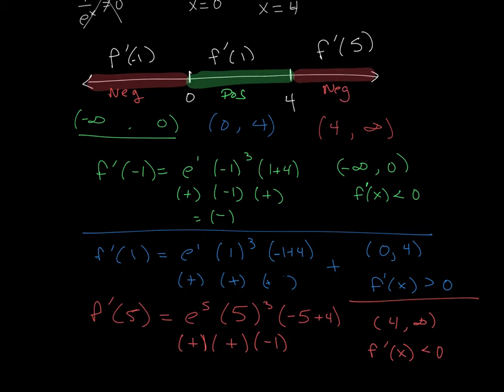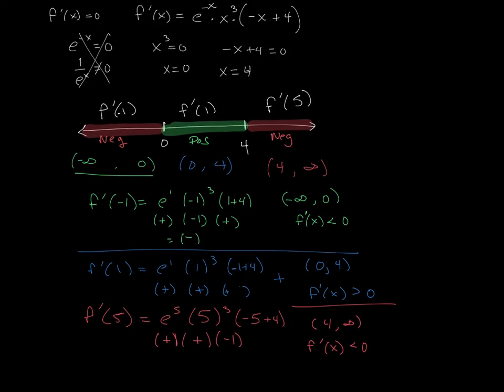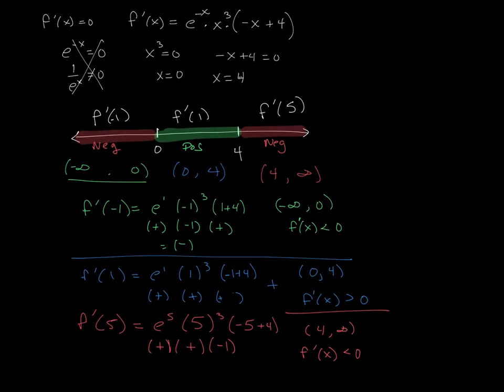Now, how does this interpret what the graph is doing? Well, when the derivative is negative, the graph is decreasing. Then when it's positive for the next group, the graph is increasing.